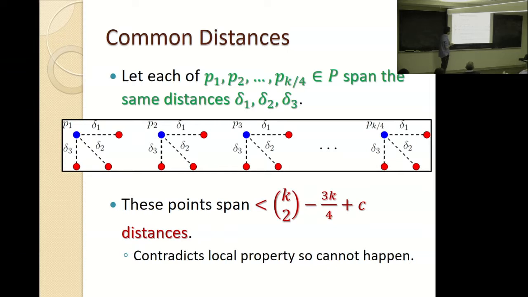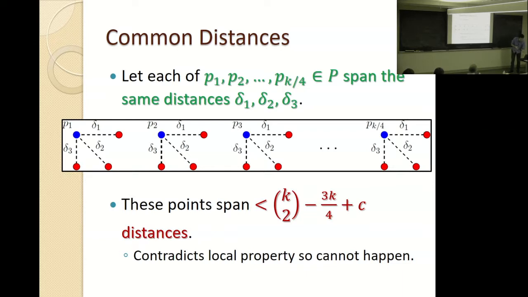Then I again have a set of k points with a lot of repeating distances. Delta 1 repeats a lot of times, delta 2 repeats a lot of times, and delta 3 repeats a lot of times. And you can show that there are too many repetitions. We get too few distinct distances, so such a case also cannot happen. You cannot have k over 4 points, each of them participating in these three distances. And that's almost the end of the proof.